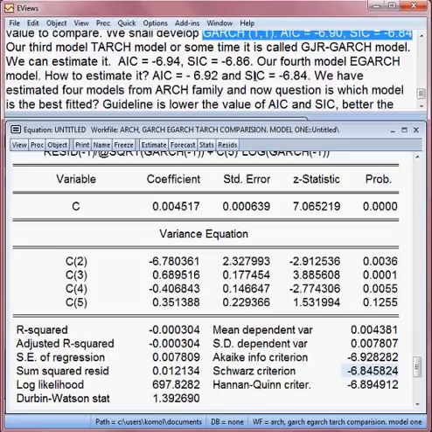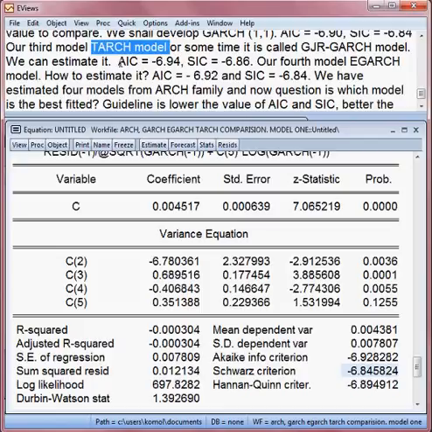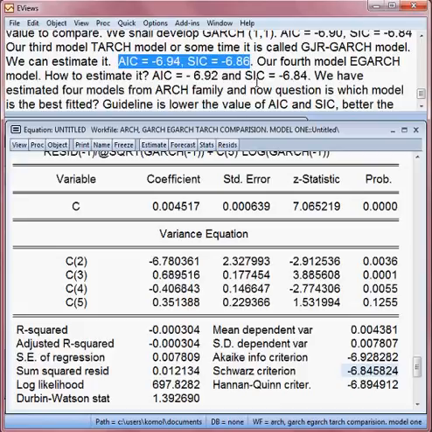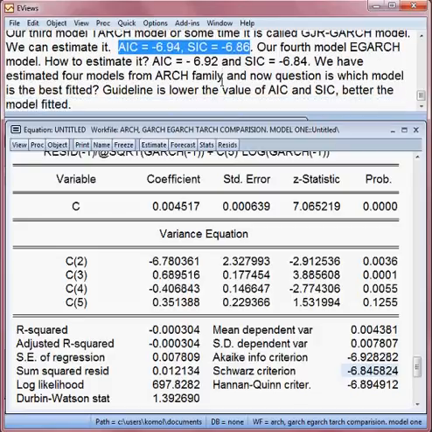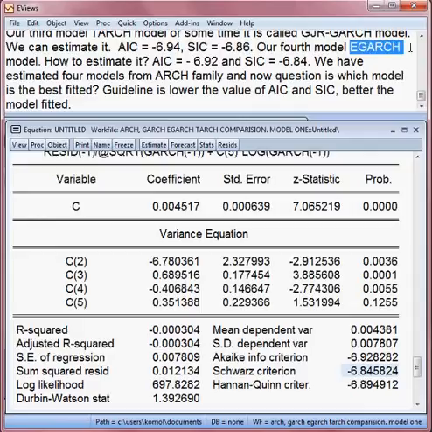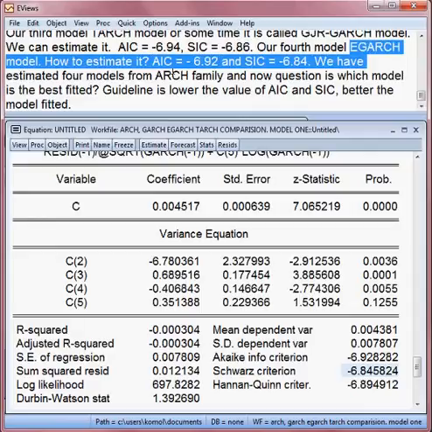And the third model we developed was the TARCH model, and their AIC was minus 6.9 and SIC 6.86, right? So that is called the GJR GARCH model. Then we developed the last model, the EGARCH model, where AIC is 6.92 and SIC is 6.84.